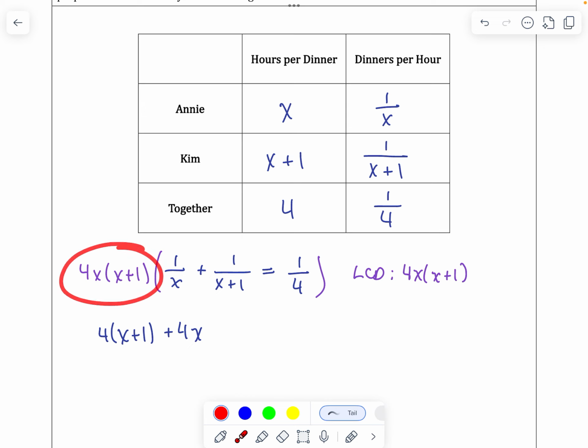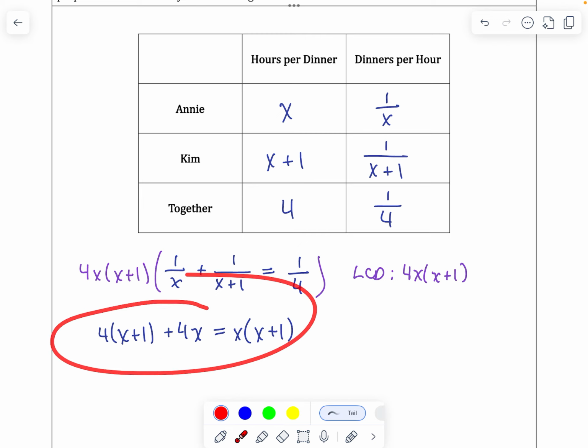When I multiply the LCD by the last fraction here, the 4's will cancel out, which leaves me with x times x plus 1. And this right here is the quadratic equation that we need to solve.